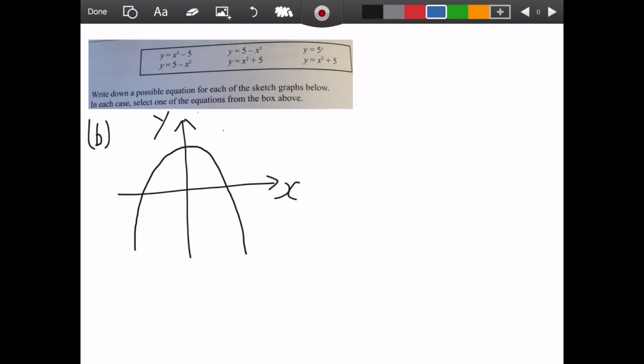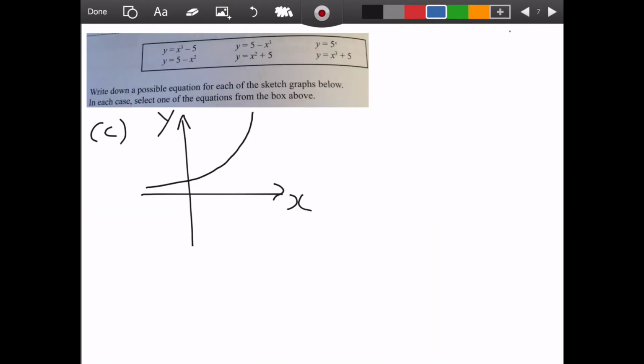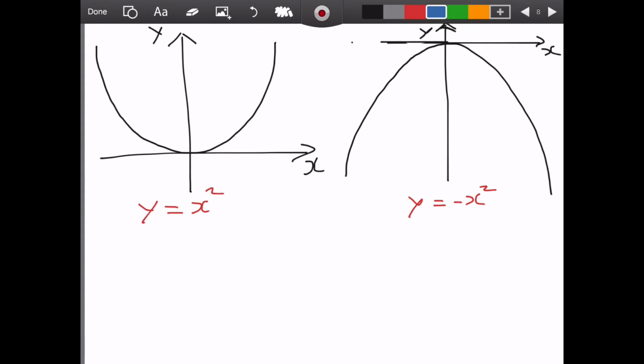Okay, for the next part B, we are looking at this graph, a bowl-shaped graph, but an inverted one. So let's revise first what we learned in school. I'm sure this is what you learned in school, right? There are 2 kinds of bowl-shaped graph.